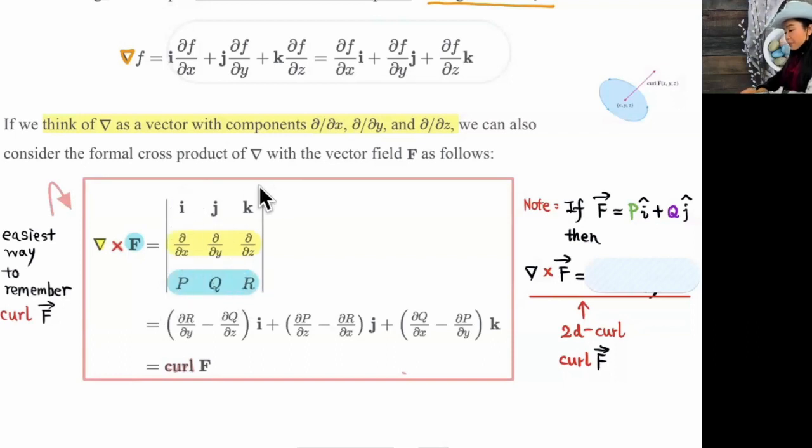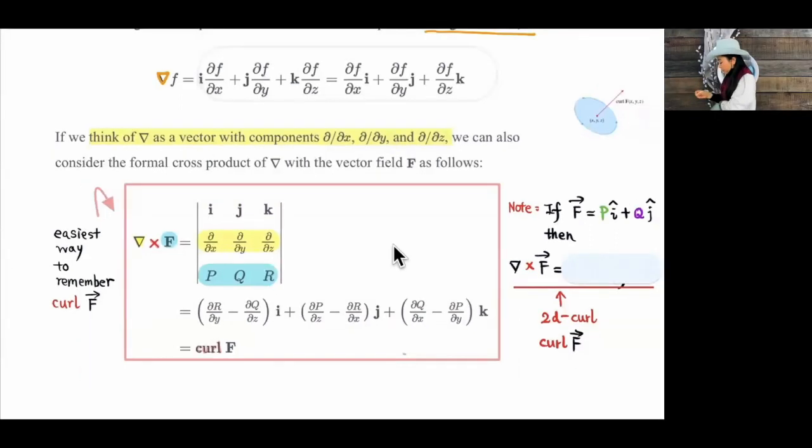Now, when you compute the determinant of this, remember how we expand it. We take this i, then we cross out the column and row that contain i, and we end up with this submatrix.